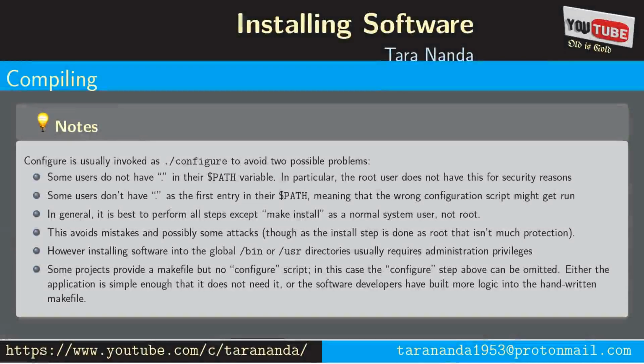Here are some useful notes. Configure is usually invoked as ./configure to avoid two possible problems. Users do not have a dot in their environment variable path. In particular, the root user does not have this for security reasons.